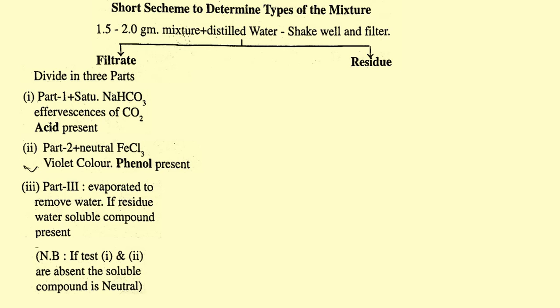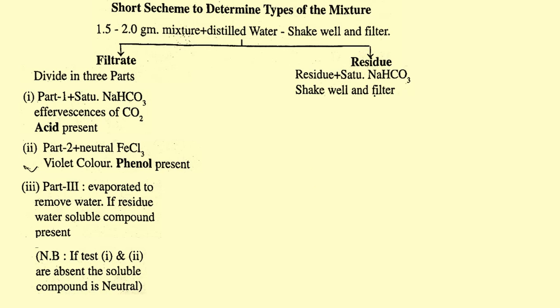So we can consider three types: water soluble acid, water soluble phenol, and water soluble neutral.